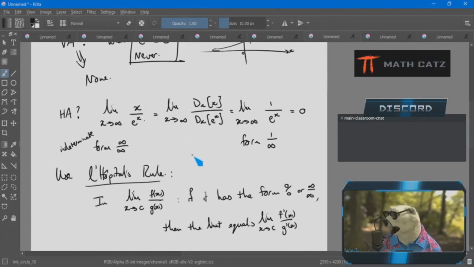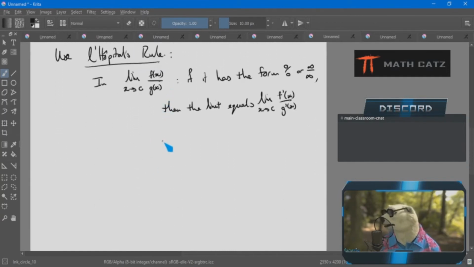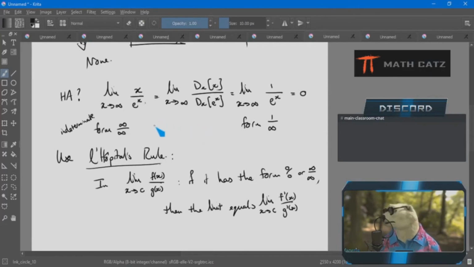L'Hopital's rule is very handy to tell me how this thing behaves. But I can only do it for a limit that looks like this. So I'll squeeze it in here. Let's do it like this. Horizontal asymptote is there. It is y equal to 0.